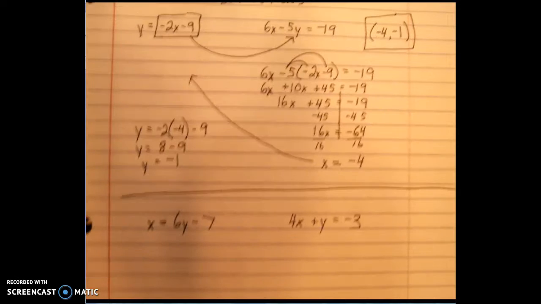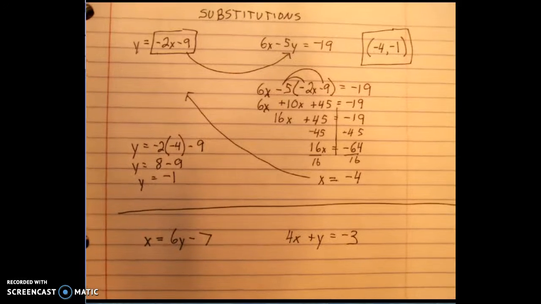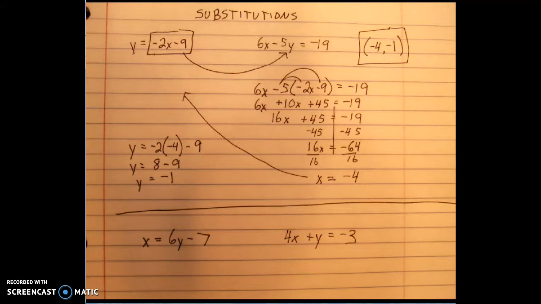Hopefully you've been taking some notes as you've been doing this. But just in case, I'll leave it down for you to look at when you pause this video. Pause the video and solve this system of equations, these two equations. Find the point where the lines cross using the substitution method. So at this point, pause the video and solve.